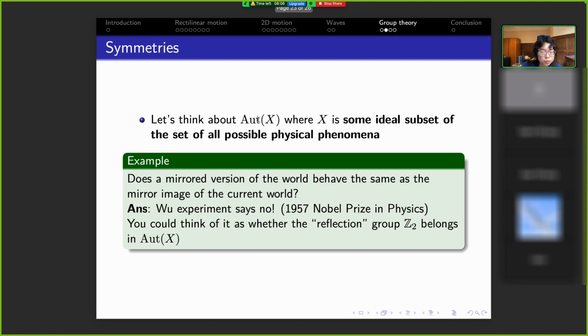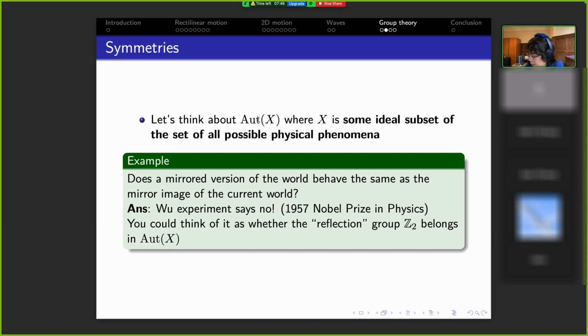And the answer is actually quite surprising. It's no. And this was shown by Wu, a very famous Chinese-American physicist, and she actually got the Nobel Prize. So this is really not a trivial question. I really recommend reading the story about Wu. It's actually very fascinating and inspiring.